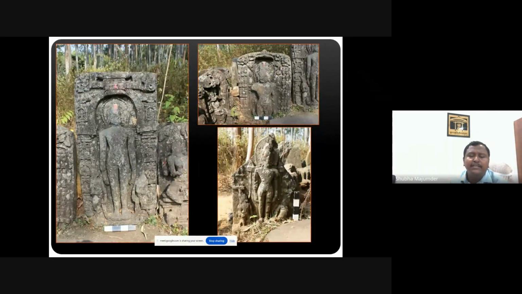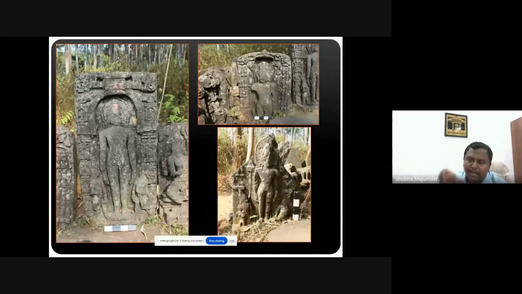And this is another interesting image. Though the image is not identified because the lanchana is not clearly visible, you can see in this image that the main image is placed within an arch and pillar-like arch. In the pillar the Graha is also depicted.